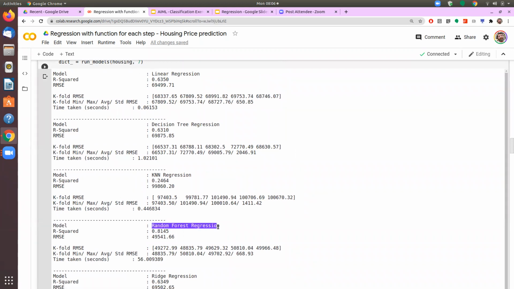Random forest was giving me the highest R squared, the best result, and the lowest RMSE, but it was also taking the longest time to process, whereas others were taking less than a second. This one actually took about a minute. So let's try to understand what the system is doing in the random forest.